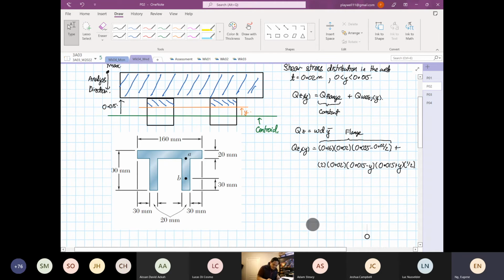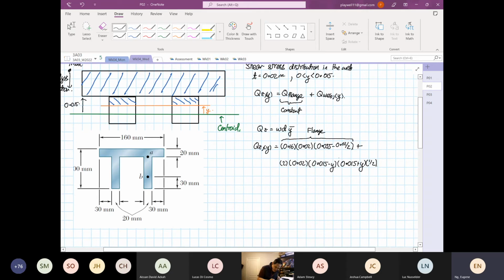You realize the y bar is always 0 point something, the maximum plus y, divided by 2. Whereas the depth is 0 point something minus y. So this is your y bar, this is your depth, this is your width, and this is your left and right web.